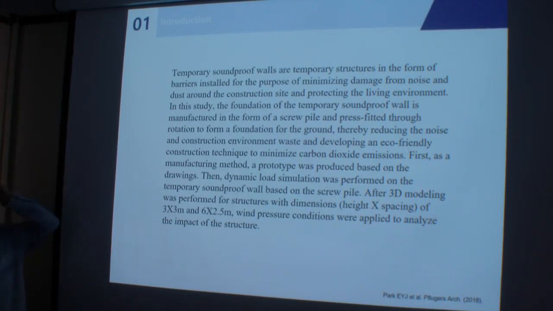Temporary soundproof walls are temporary structures in the form of a barrier, installed for the purpose of minimizing damage from noise and dust around the construction site and protecting the living environment.